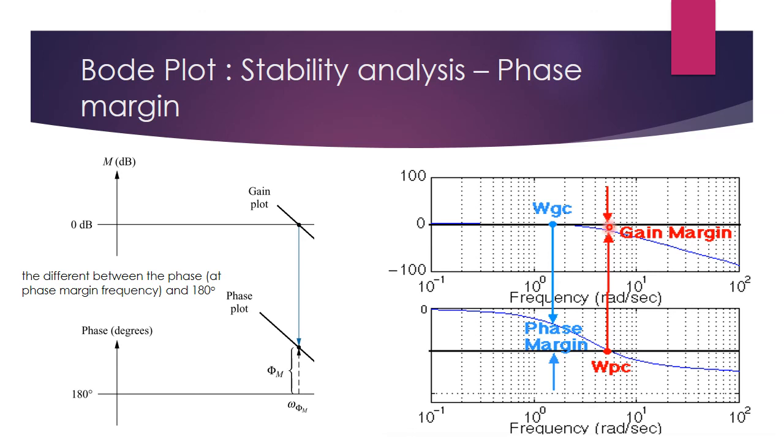This is what we call gain margin, right? It means that if you are at this level of gain, you are in instability. So you have to avoid this gain, right?